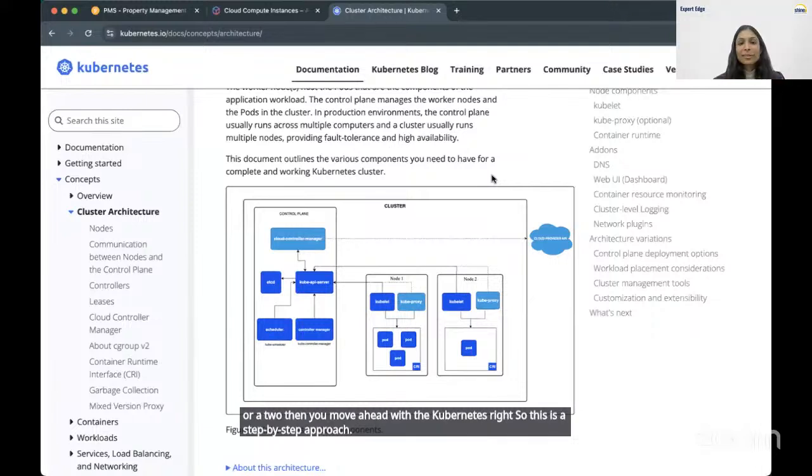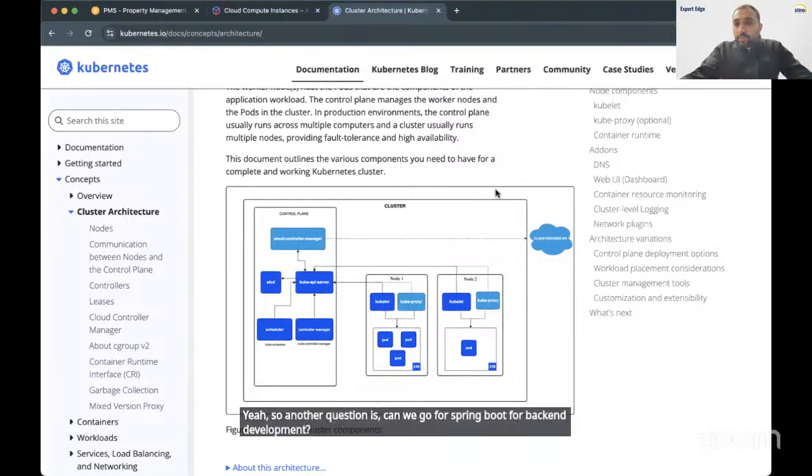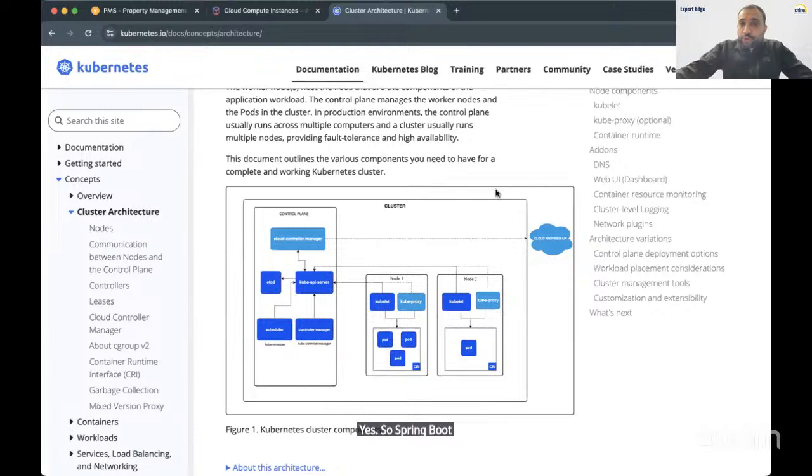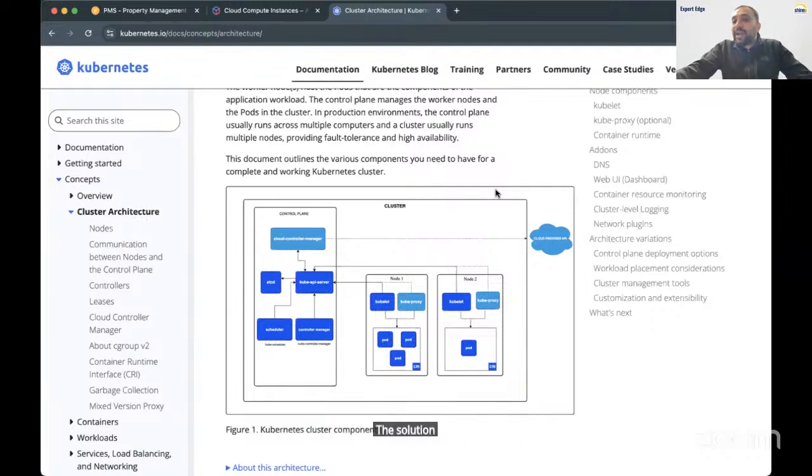Yeah. So another question is, can we go for Spring Boot for backend development? Yes, so Spring Boot is one of the top-notch choices. Now, as I said, for enterprises, the solution is typically in the form of microservices when it comes to the backend, right?